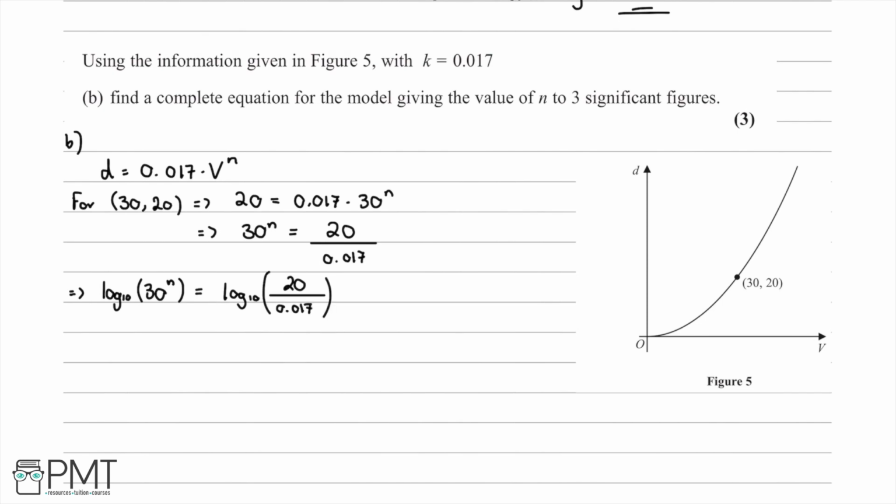Then we can use our log law, which I will write down here again just in case we've forgotten, where log a to the power of m is going to be equal to m log a. So we can use this here to bring the exponent n in front of the log base 10 of 30. So then what we'll have is n multiplied by log base 10 of 30, and that's going to be equal to this term here, which remains the same.